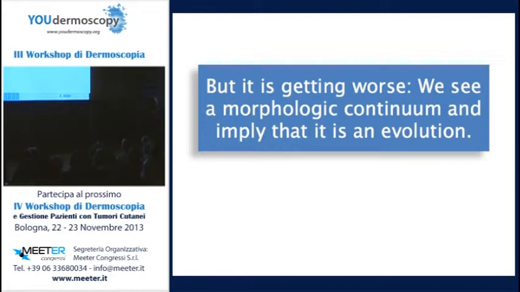But it's getting worse. We see a morphologic continuum, and we also assume that there is an evolution that is the same as saying that this dysplastic nevus is a precursor of melanoma. Why? Because it looks more ugly than a typical nevus. This is another mistake.